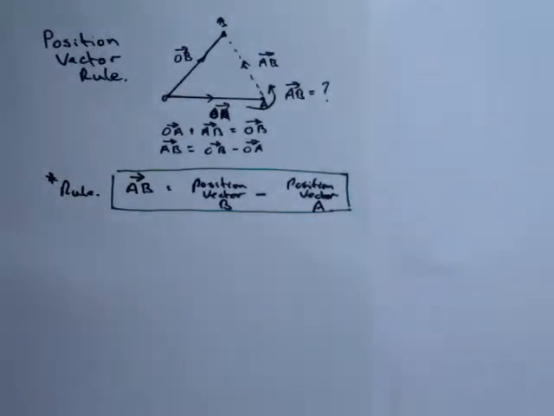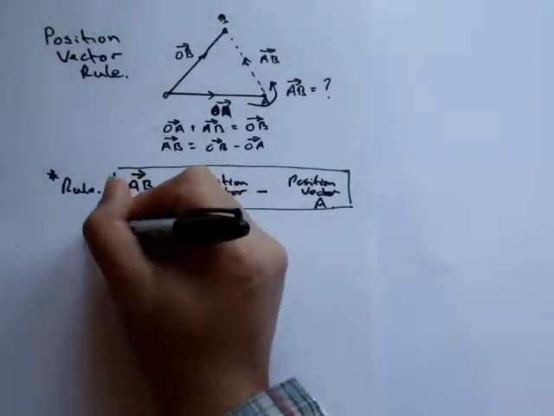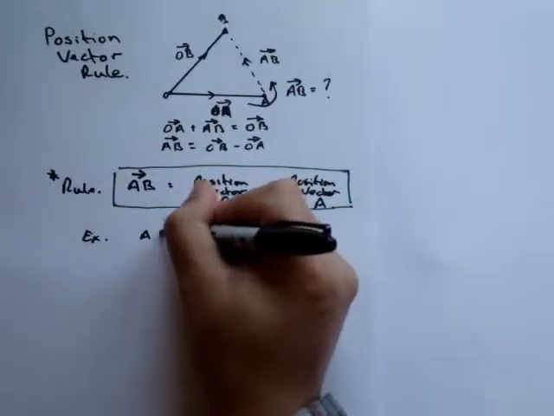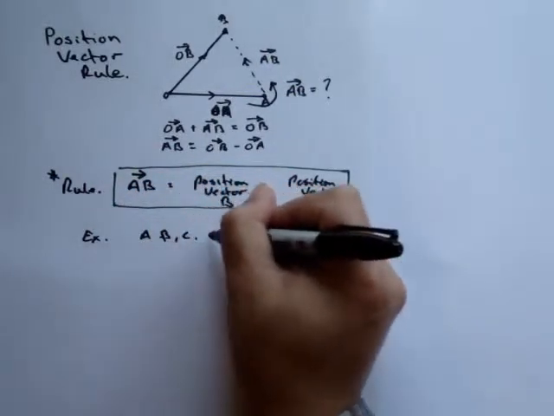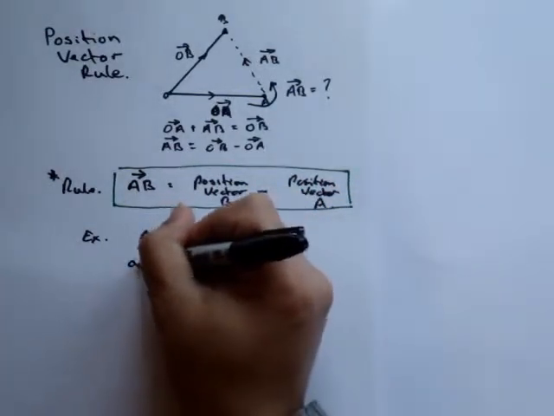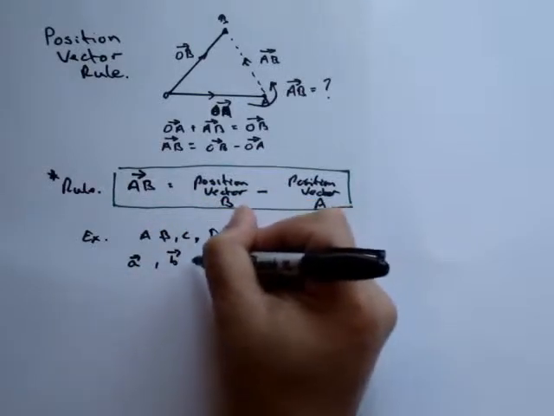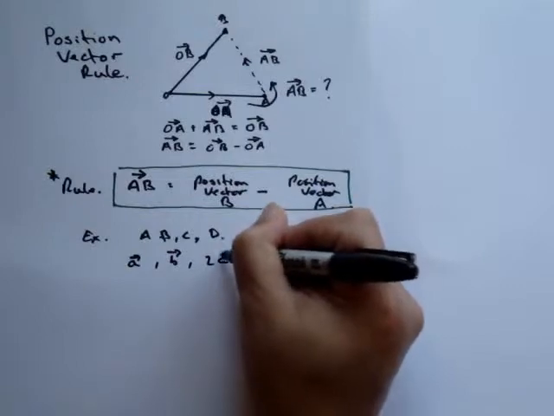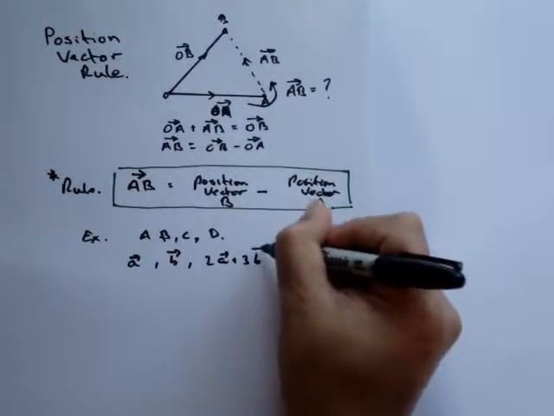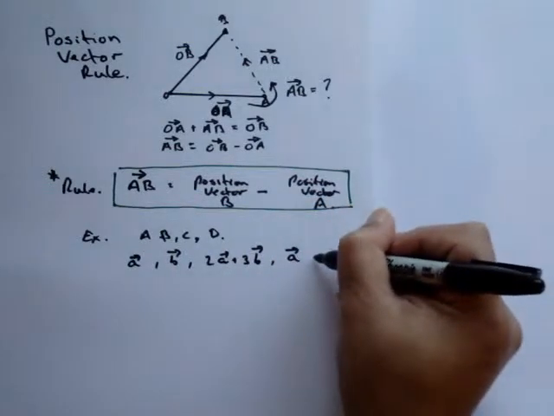So let's have a look at an example of that. So if we had A, B, C and D as the points, and the position vectors are A, B, 2A plus 3B, and A plus 2B.